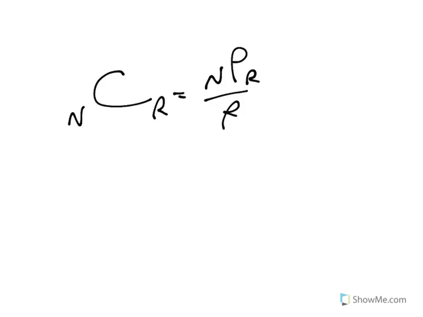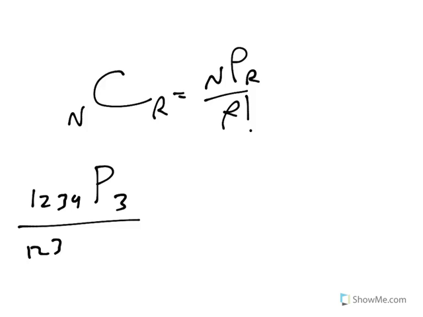Actually, I'll mention one last thing because I put it on a test sometimes. I like this question. We know that nCr is nPr over r factorial. So a question I've asked before is, what's 1,234P3 over 1,234C3?